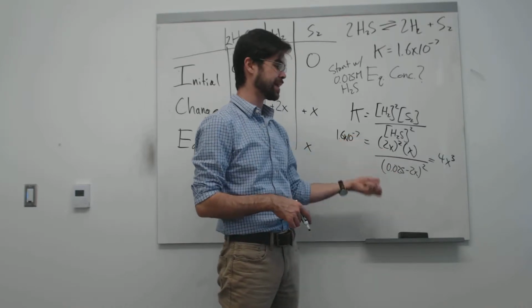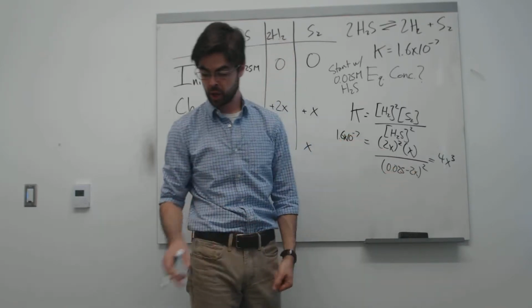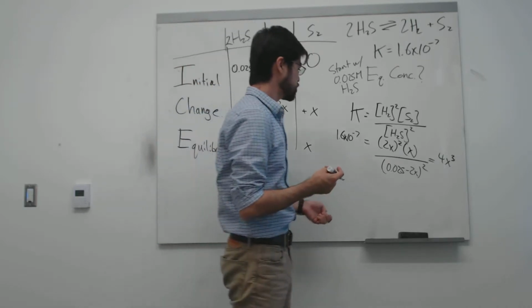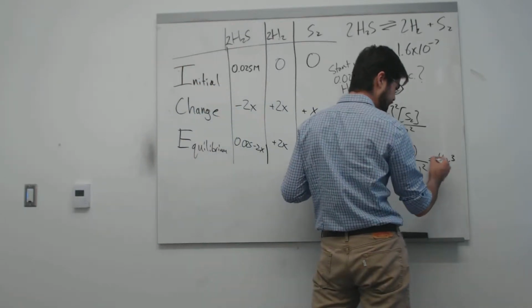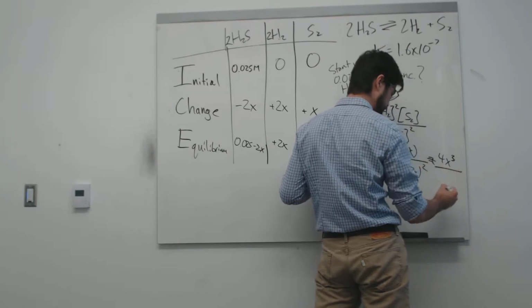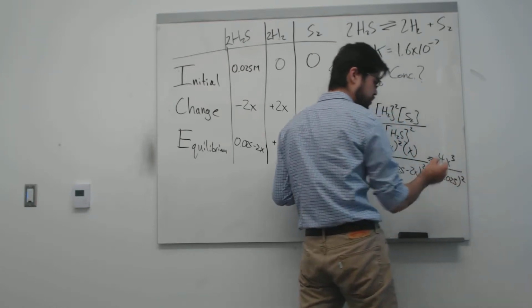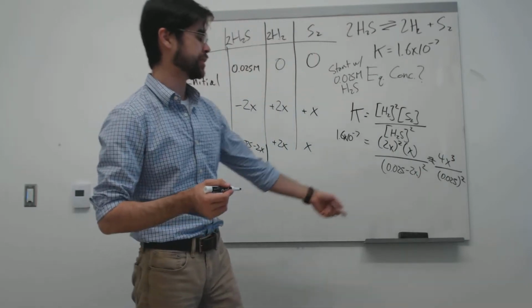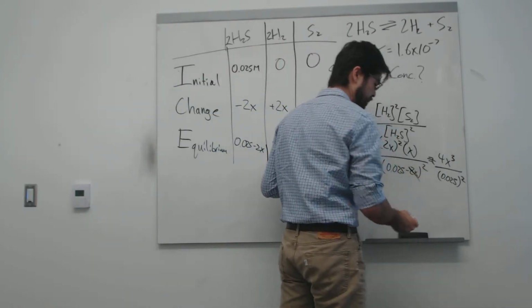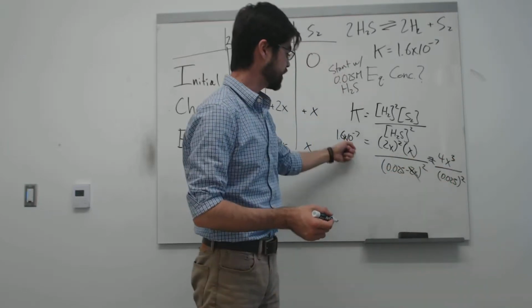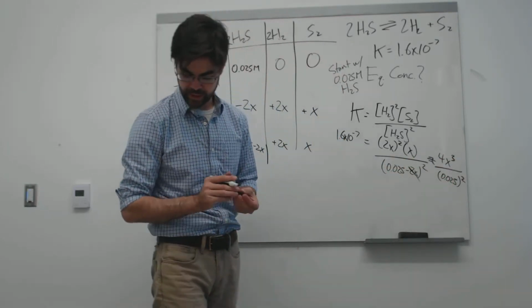Something that's going as 10 to the negative 7 implies that x is going to be quite small, on the order of 10 to the negative 4 or 5. So this should be approximately equal to 0.025 squared. I'll ignore that minus 2x, and I have 4x cubed over 0.025 squared is equal to 1.6 times 10 to the negative 7.